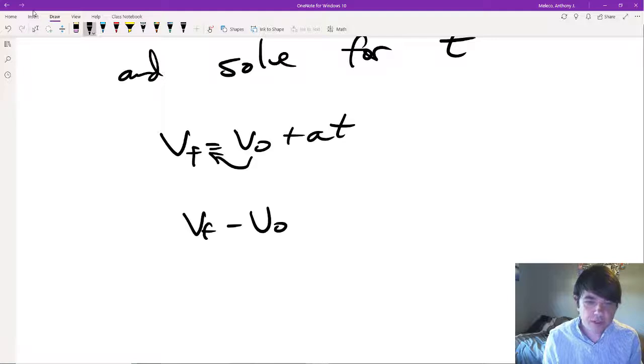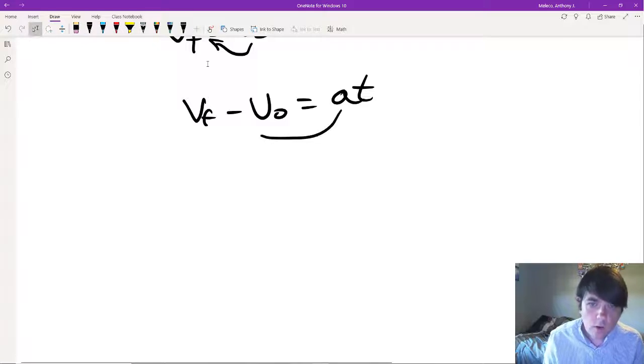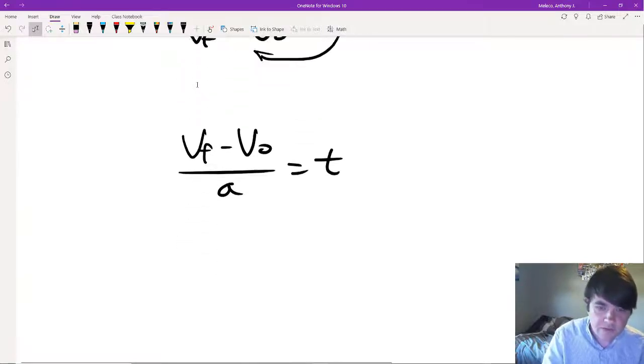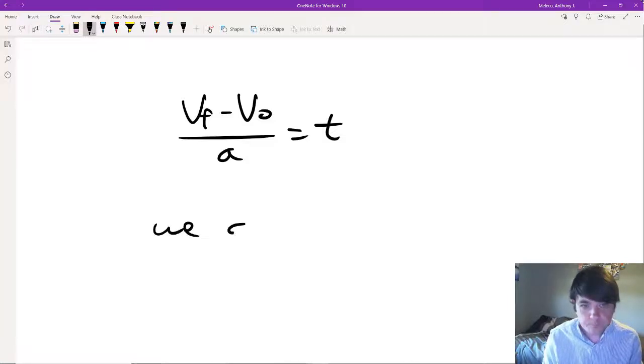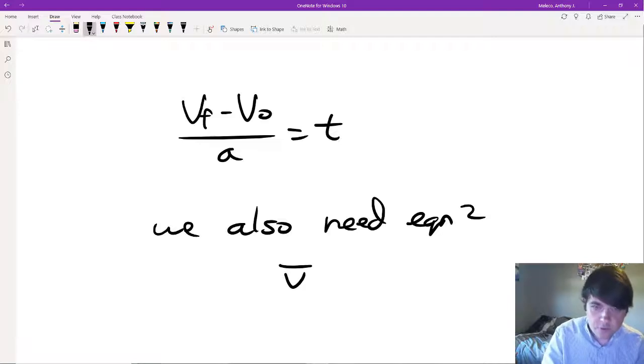Move over the initial, so subtract it. I also do recommend coming up with an equation sheet and having it for exams, okay? Because they are timed, and so it's important that you have something to reference during exams and you don't have to look it up each time, for when they're closed book exams.